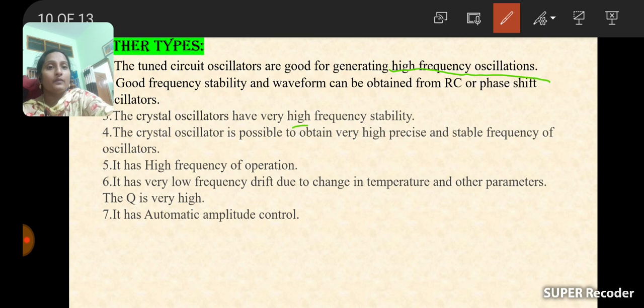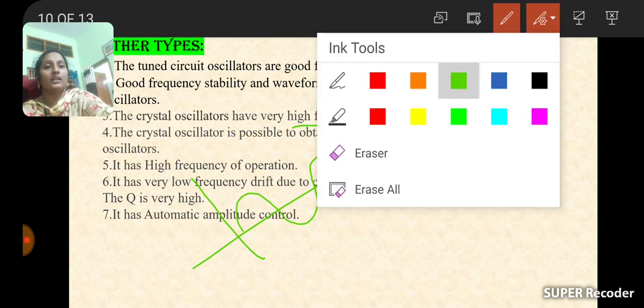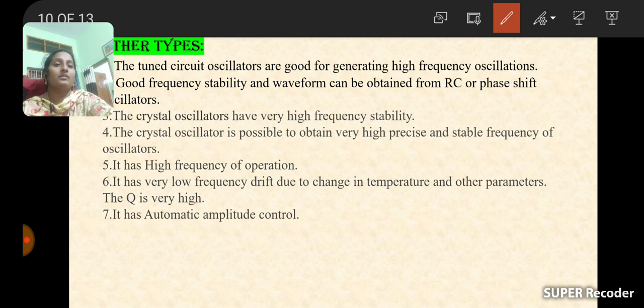At high frequency also the circuit remains stable, meaning the number of cycles per second, for example 10 at 30 Hz, it maintains 10 for 50 Hz also, because of stability. It produces high frequency oscillations, and these high frequency oscillations are in a stable condition.